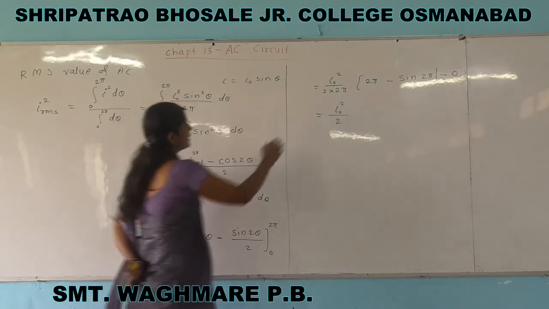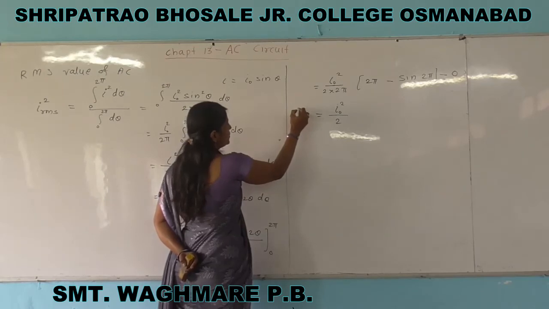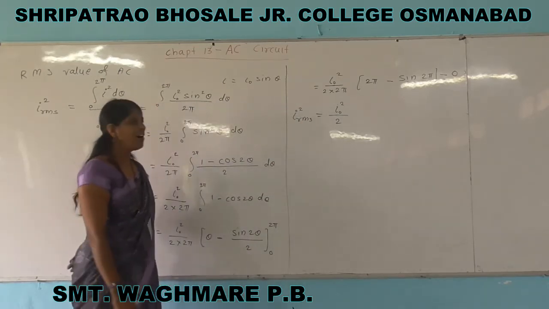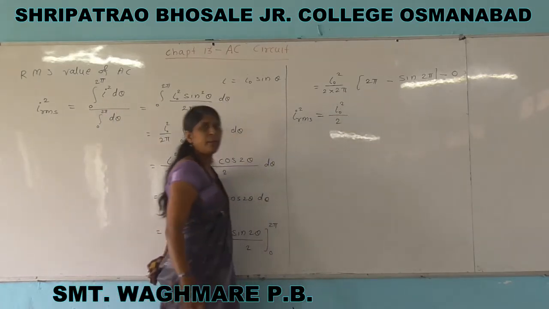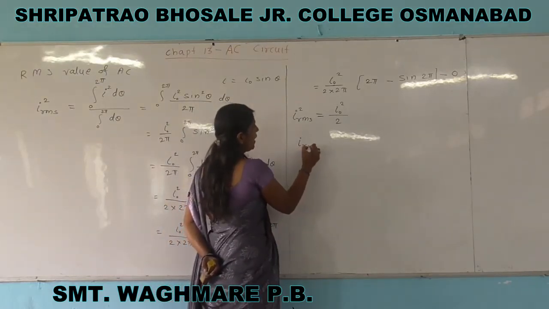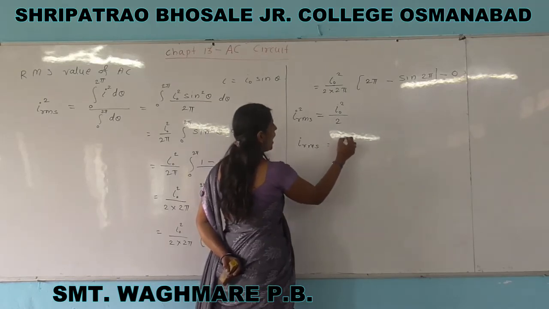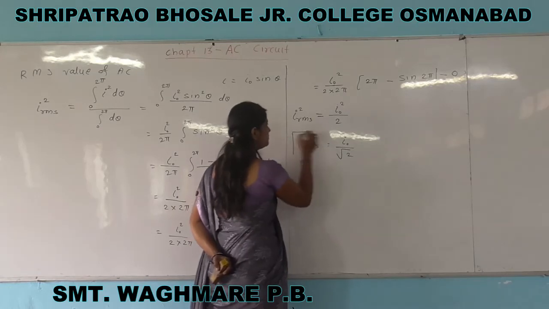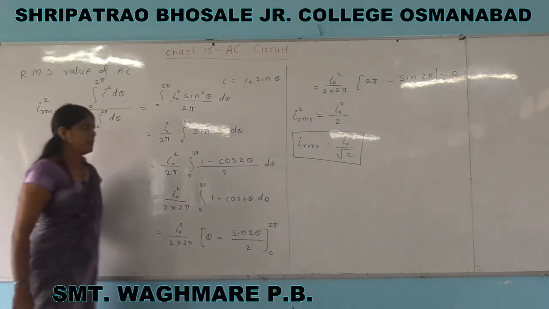That is, the mean value of I square is equal to I naught square divided by 2, and therefore I RMS is equal to I naught divided by root 2.